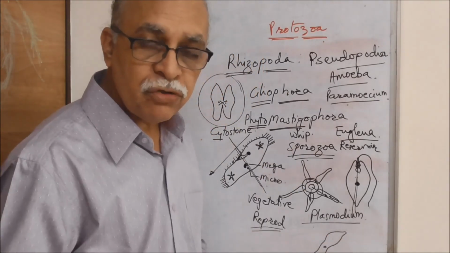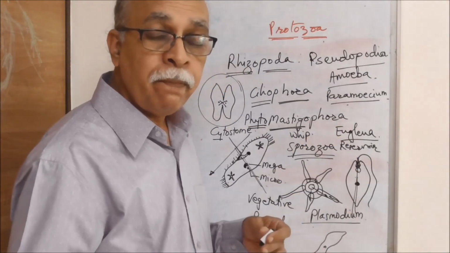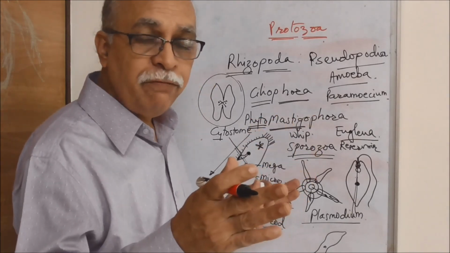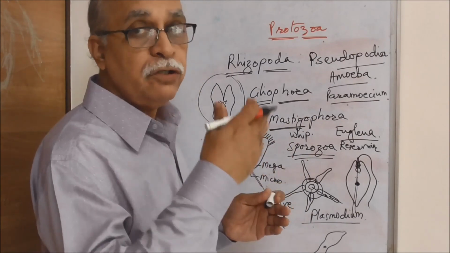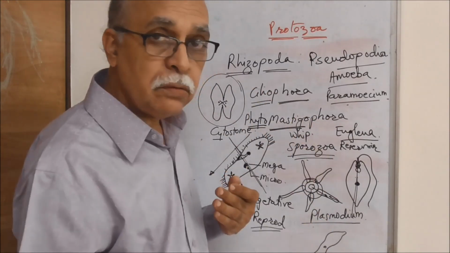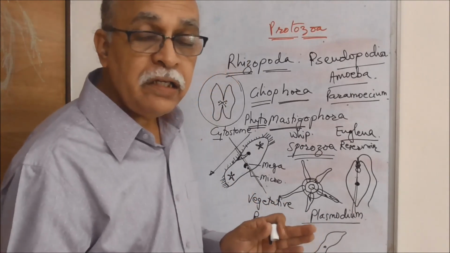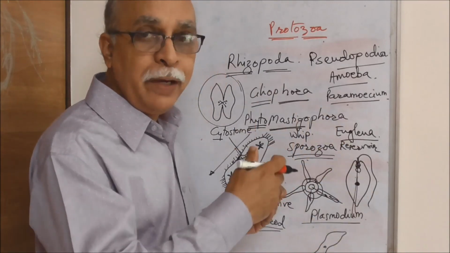That is an invading stage which enters the human blood and then undergoes a vegetative phase of its life, asexual phase of its life inside the human body. Then it enters the mosquito, where it completes the reproductive phase. So here it doesn't need any specific locomotory structures because it's going to get carried through a vector.